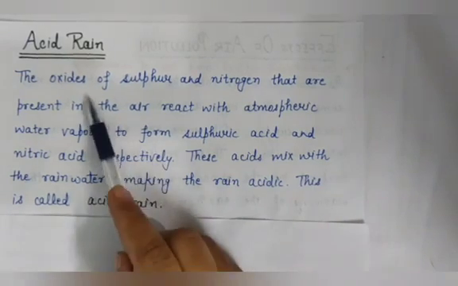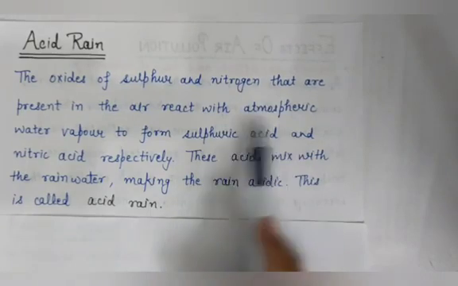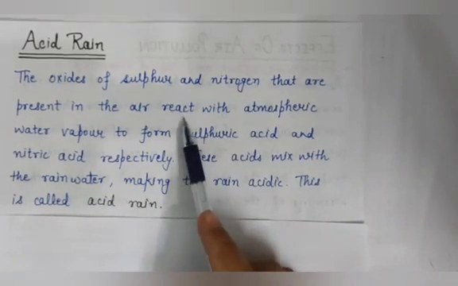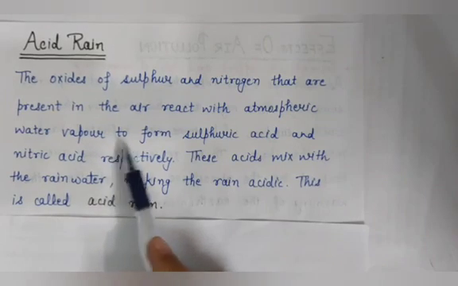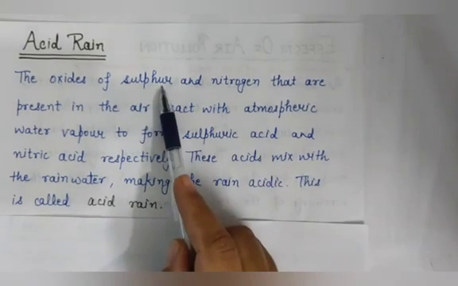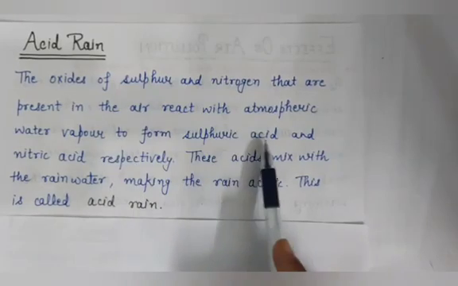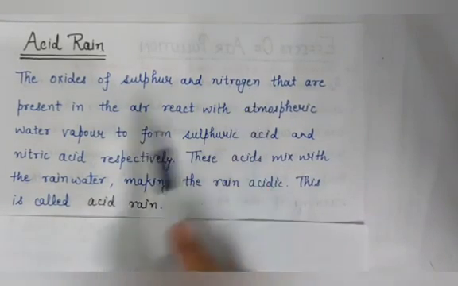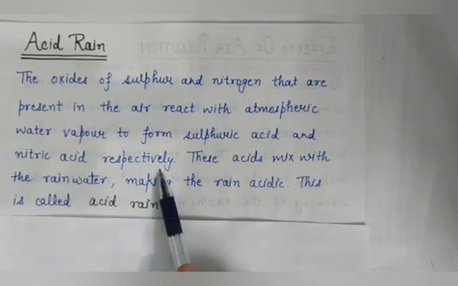It means oxides of sulfur and nitrogen, which are released from industries and factories, react with water vapors present in the atmosphere. Sulfur reacts with water vapor and forms sulfuric acid, and nitrogen and water vapor together form nitric acid.